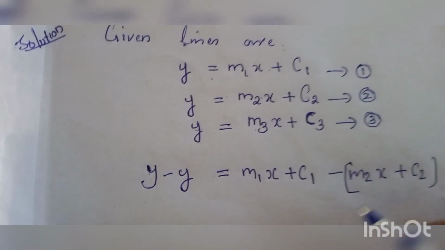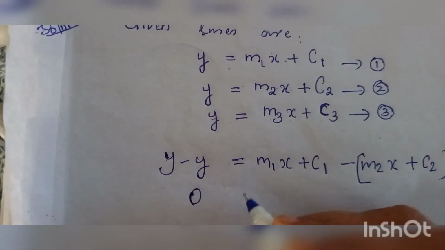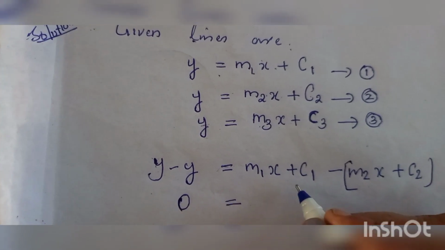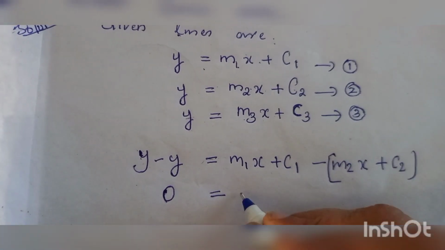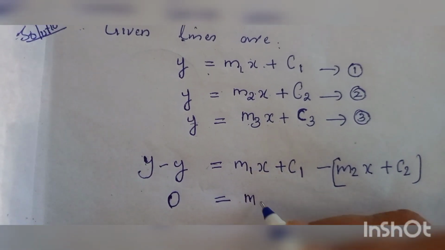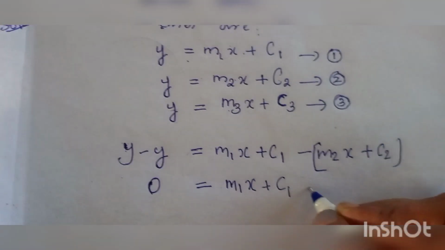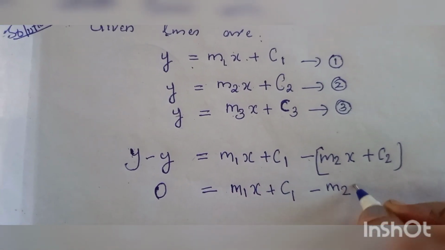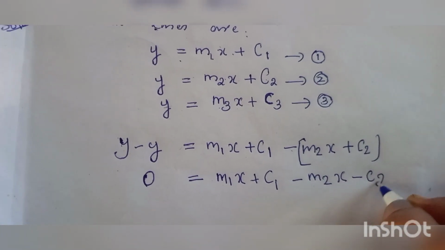Okay, in bracket you have to put. Then y minus y is how much? 0 we get, isn't it? Which is equal to m1x plus c1, remove the bracket, minus m2x minus c2 we get.